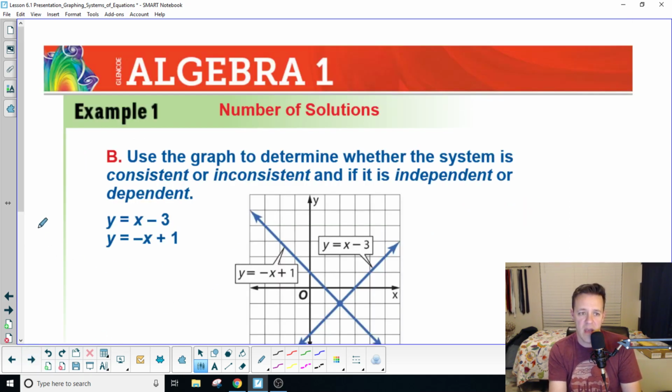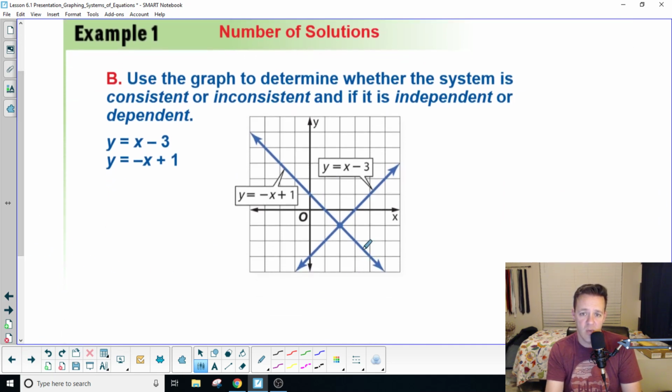What happens if I graph two equations like this and we have one solution set? Is this consistent or inconsistent, and then is it independent or dependent? Well, if you look at your table, you're going to have consistent, and I spelled that wrong. Let me start over with that one.